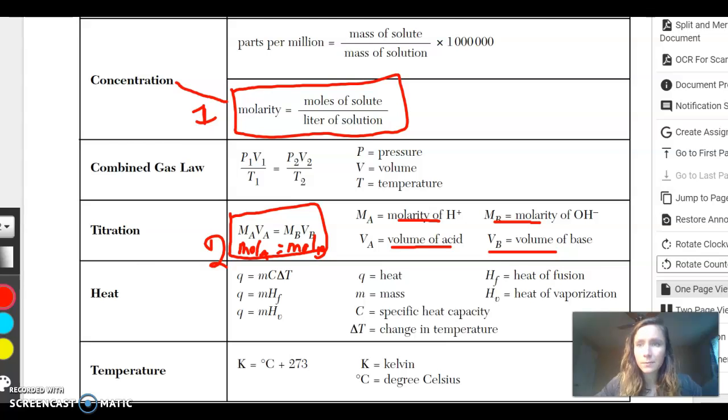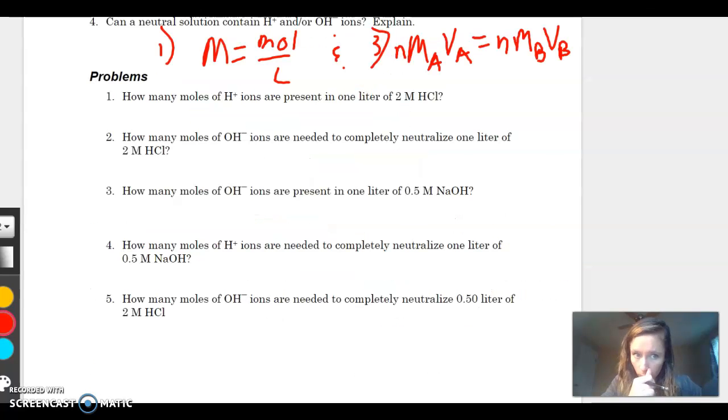So let's figure out when to use which equation. These are really the two equations that we have. So number 1, how many moles of H+ ions are present in 1 liter of 2 molar hydrochloric acid? So like I said in the previous video, there's no titrating here.